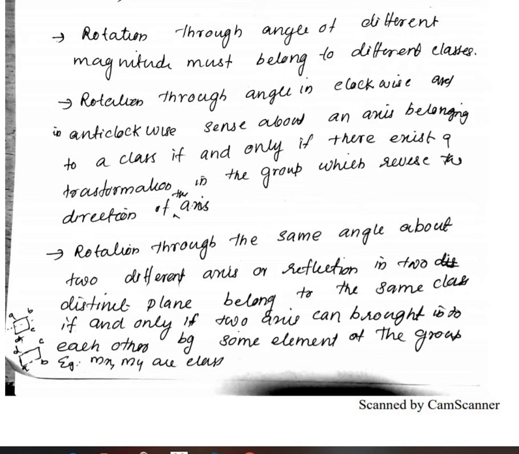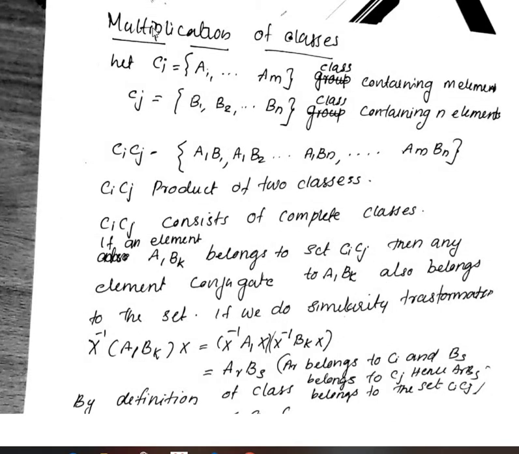Now the multiplication of classes. Ci is equal to A1, A2, A3, up to Am. Ci means a class containing m elements.